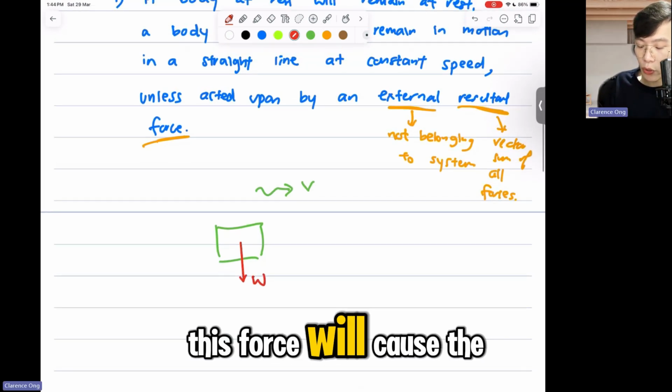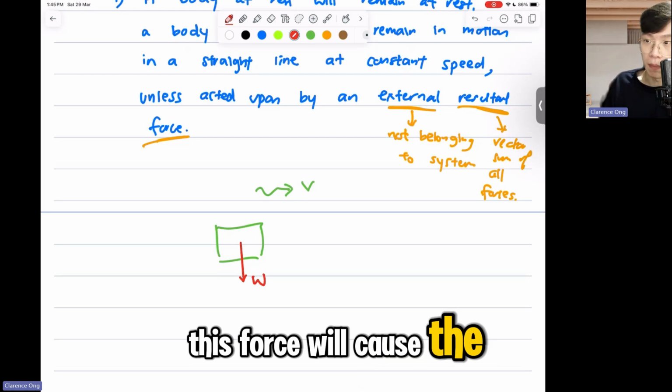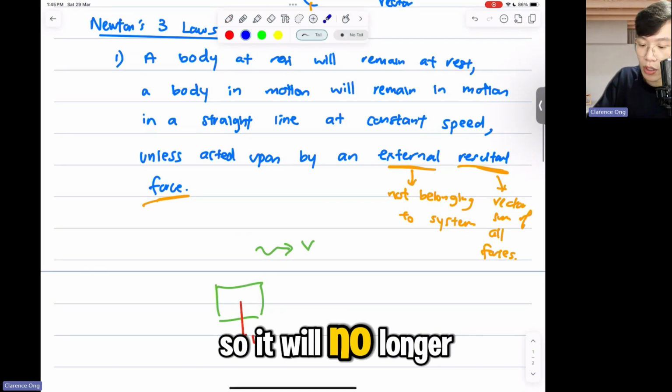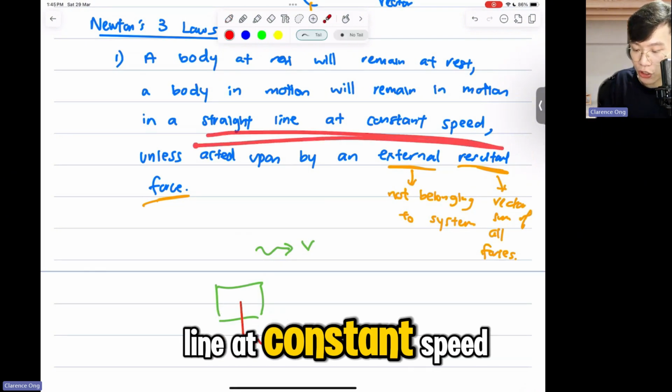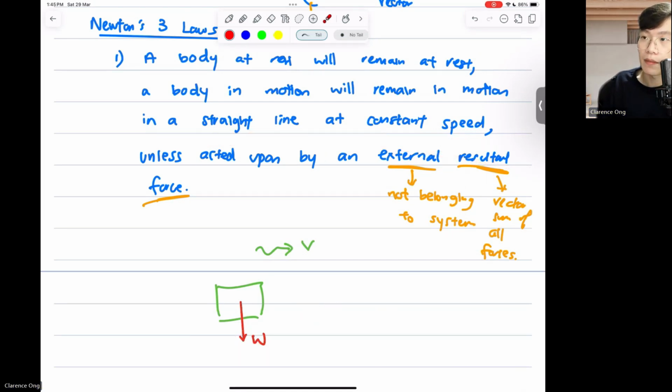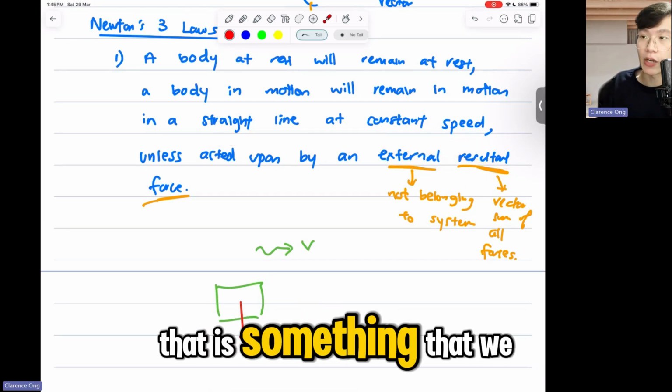This force will cause the box to deviate from its original path. So it will no longer be moving in a straight line at constant speed. In fact, it will start to accelerate down. That is something that we must know.